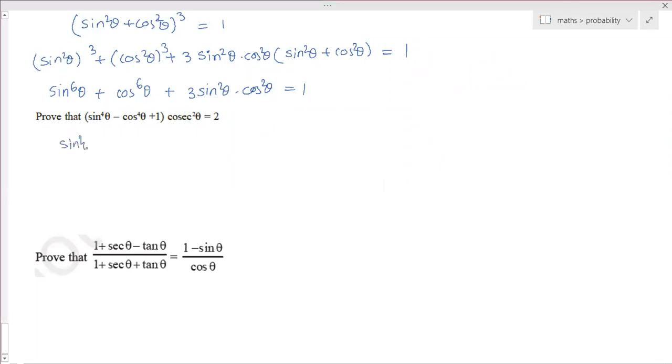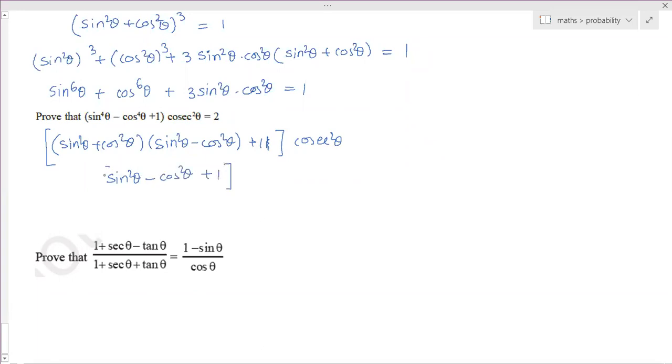So here sine square theta plus cos square theta into sine square theta minus cos square theta plus 1 into cosec square theta. Sine square plus cos square is 1. 1 into sine square minus cos square, so left with sine square theta minus cos square theta and then plus 1 into cosec square theta.